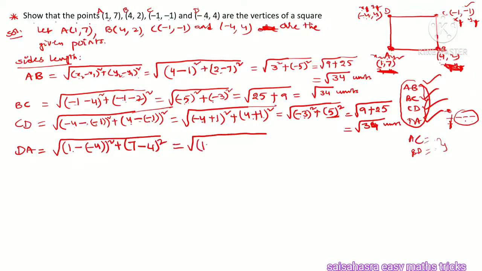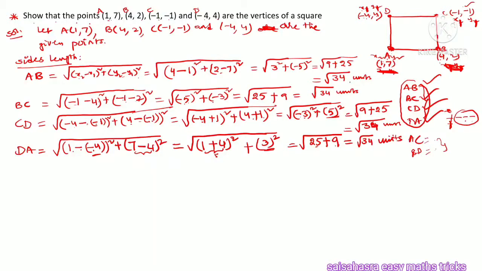In the bracket, minus into minus is plus, so 1 plus 4 is 5, this 5 square. Plus 7 minus 4 is 3 square. 5 square means 5 into 5, that is 25, plus 3 square means 3 into 3, that is 9. Root 25 plus 9 is root 34 units.